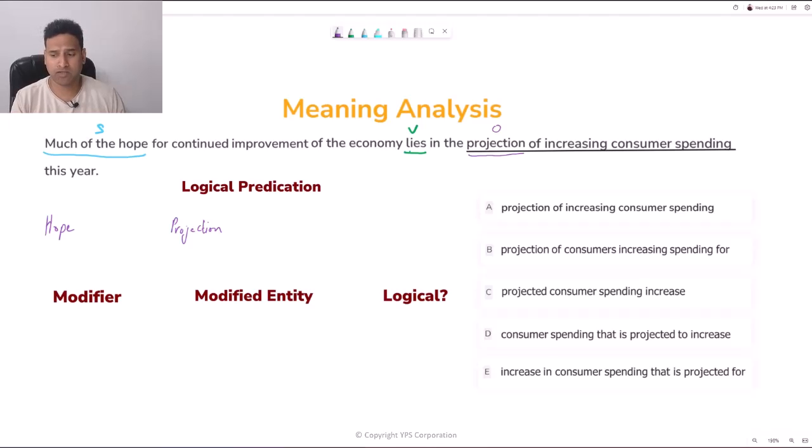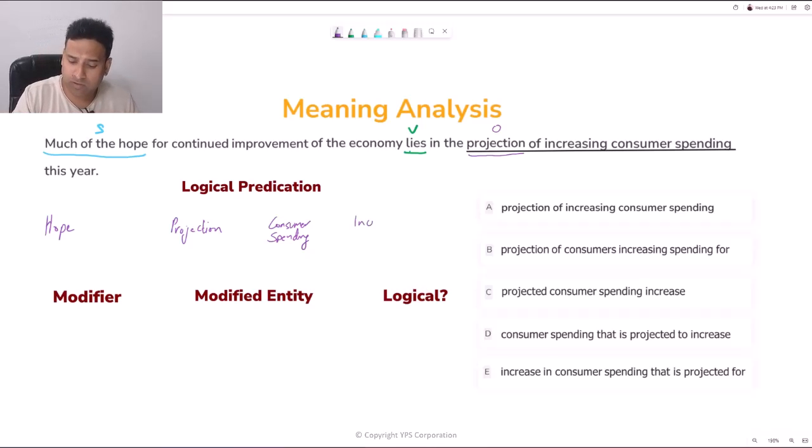Okay, so there is this word or phrase, consumer spending. And then we have increasing consumer spending. Okay, so increasing, clearly something is increasing.